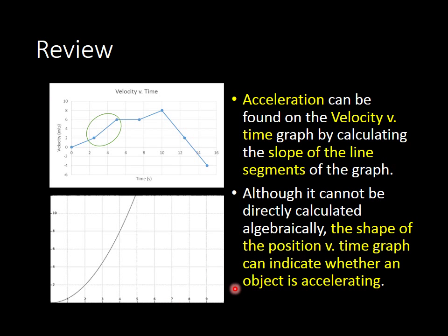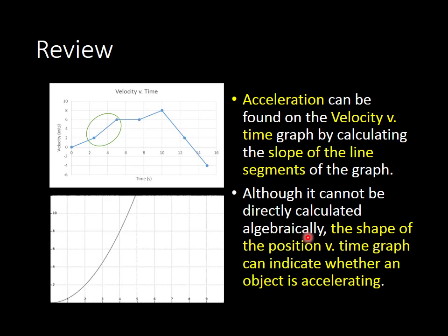Now remember that acceleration can be found on the velocity versus time graph that we looked at in the last lesson by just calculating the slope of the line segments. So if I wanted to know the acceleration during this part of the trip, I could look at the slope of this line segment that's in the green, and I would know its acceleration during that time.